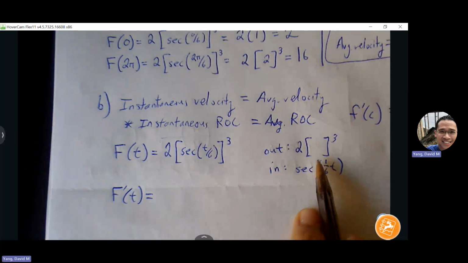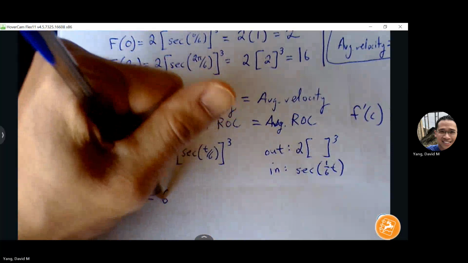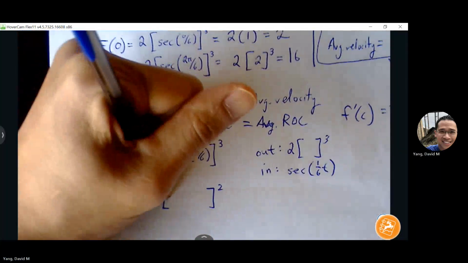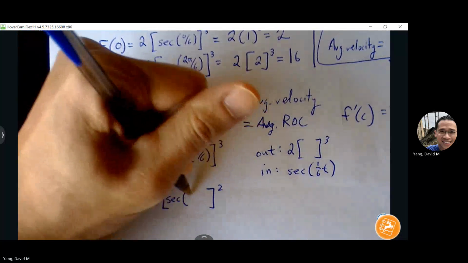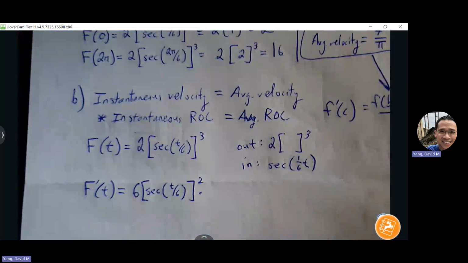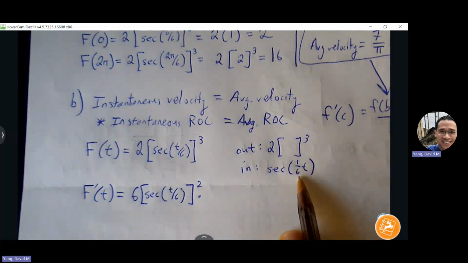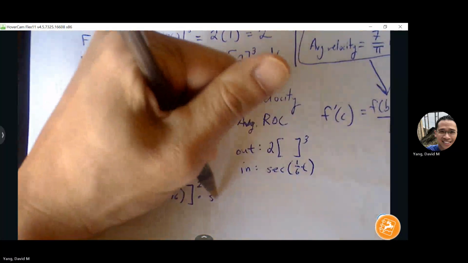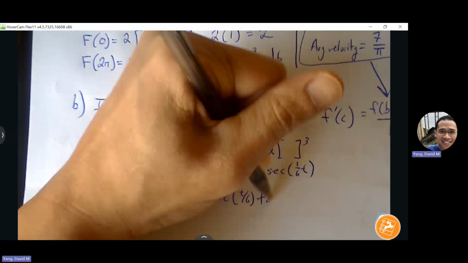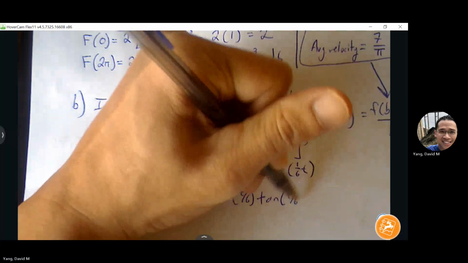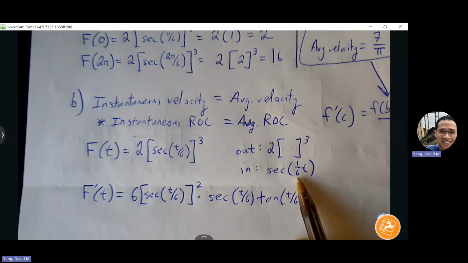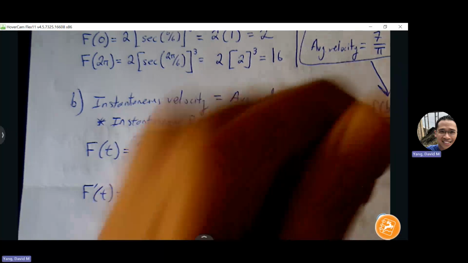Okay, outside's derivative: 6 bracket squared. All right, let's do secant u's derivative: secant u, tangent u, times u prime, which is the derivative of 1/6 t, which is 1/6.